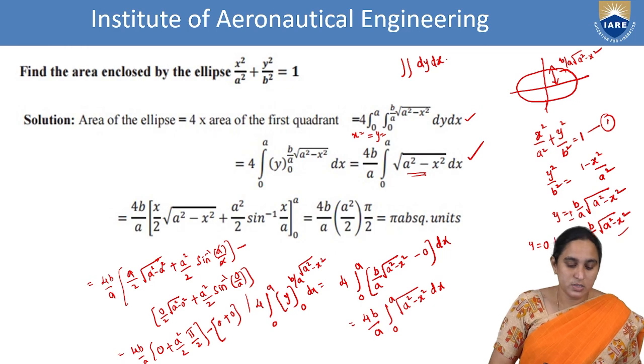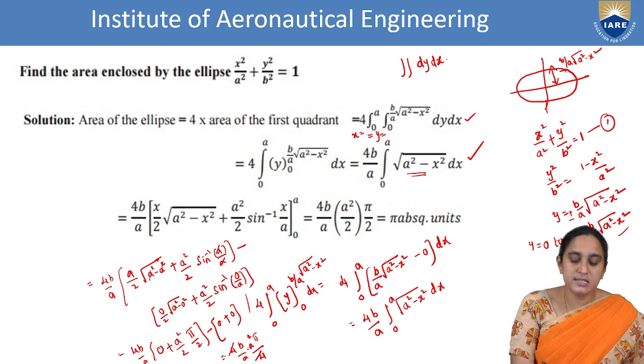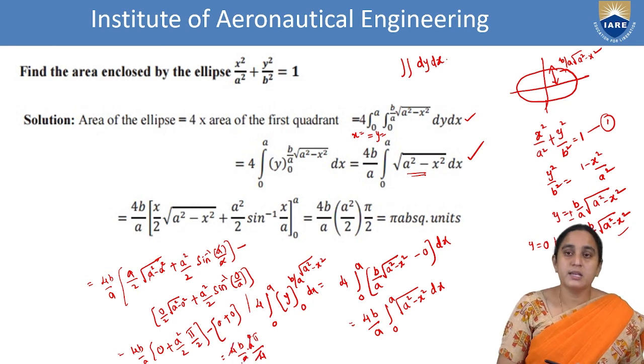Therefore, what's the final answer? 4b by a into a square by 2 into pi by 2. Here 4b by a into a square pi by 4. Here 4 cancels and one a cancels.